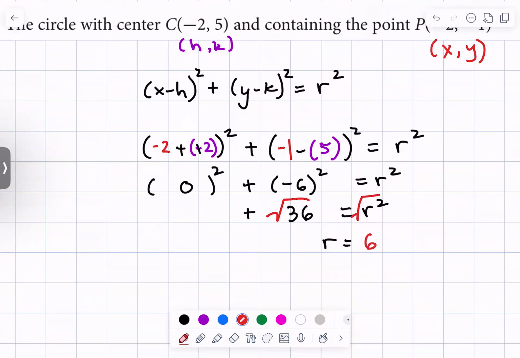Why is it only +6? Now remember, we learned if I square root anything from an equation, it's always going to be the plus and the minus, right? But in this case, I'm just taking the positive. Why am I just taking the positive?